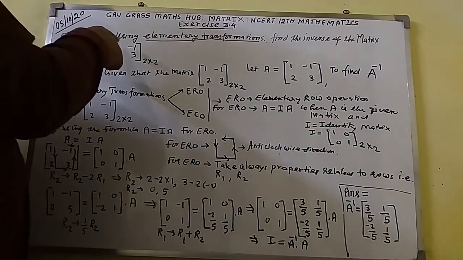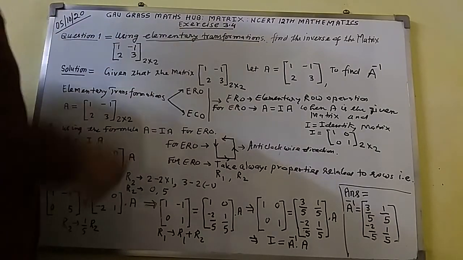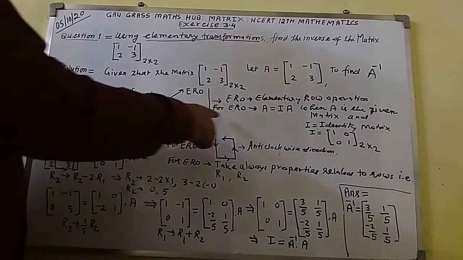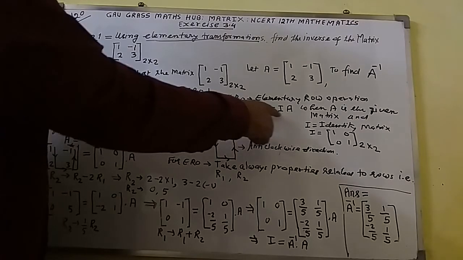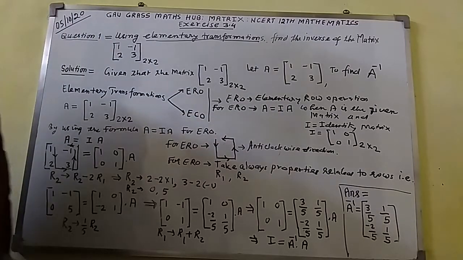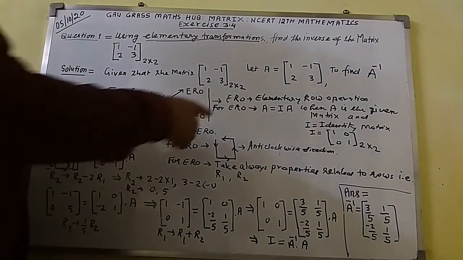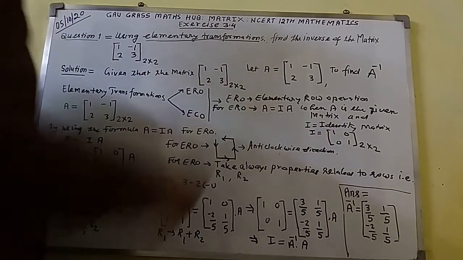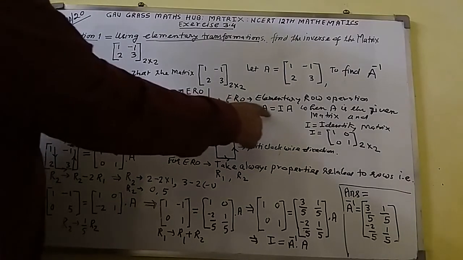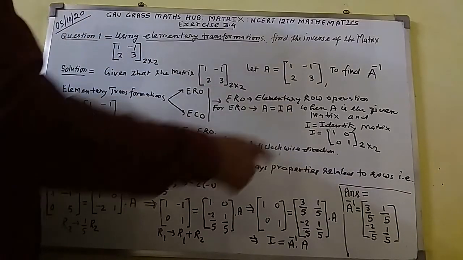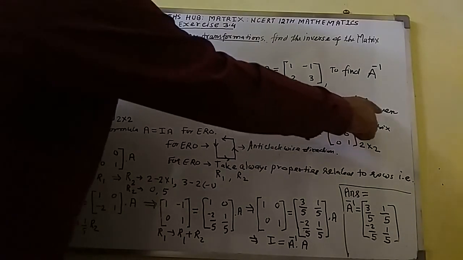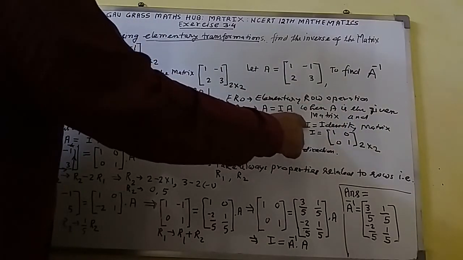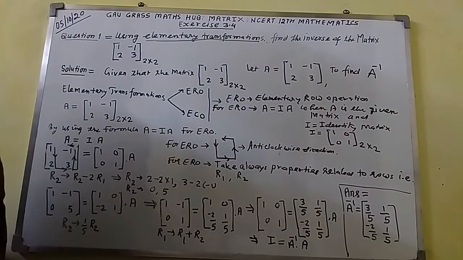For elementary row operation, A equal to IA. This is the formula I have written for elementary row operation, A equal to IA, where A is the given matrix and I equal to identity matrix.